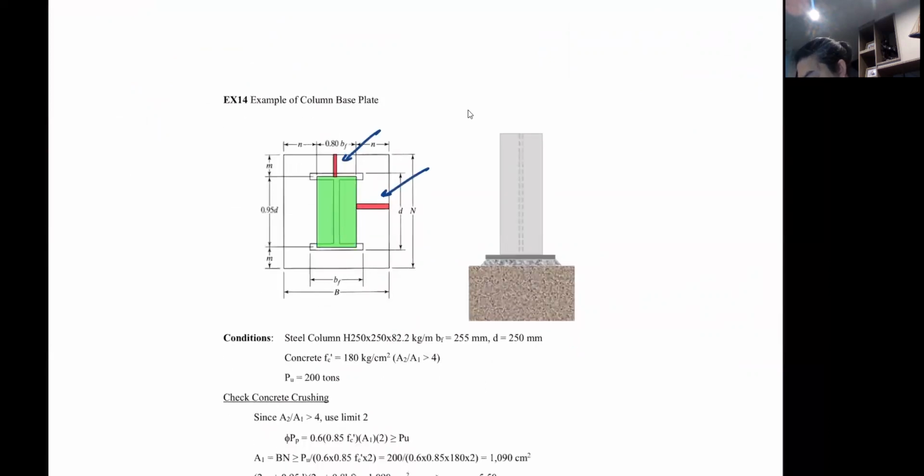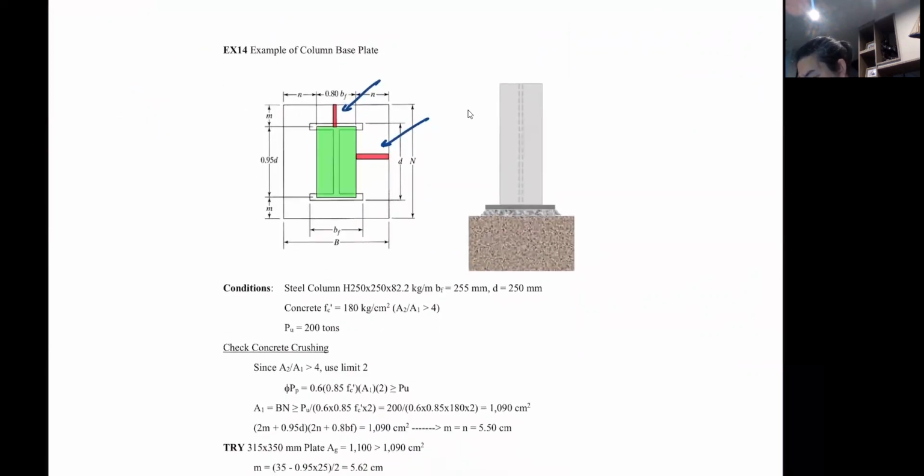Okay, so now we are going to design this. I don't have anything here though. Example of that is let's just say design base plate. How did I forget this? Design base plate.